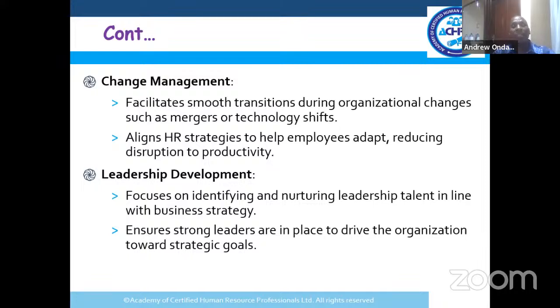The other aspect is leadership development. And this is part of our succession plan, that we identify junior staff and prepare them for senior positions, which are leadership. So we identify employees with the potential.